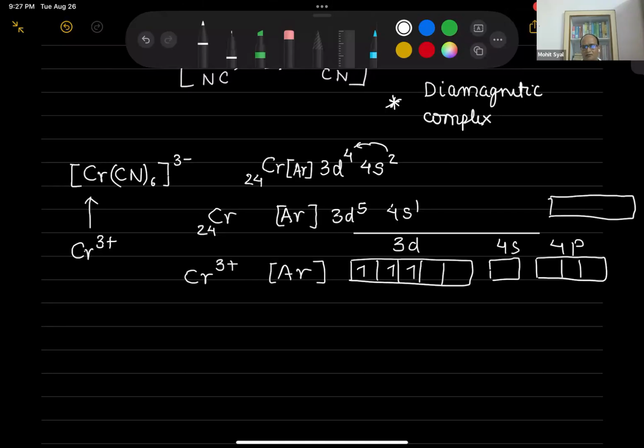Aisha, am I audible? Jasmine, am I audible? Yes, sir. Everyone? Yeah. So now be careful, there is a slight change in this example. So tell me which hybridization. Are we going to pair up the electrons? CN is a strong ligand.